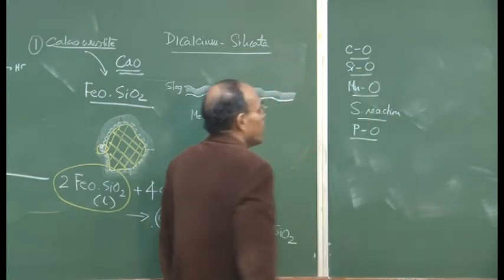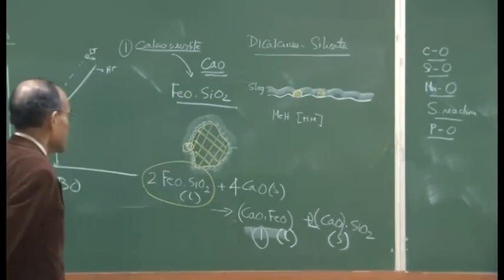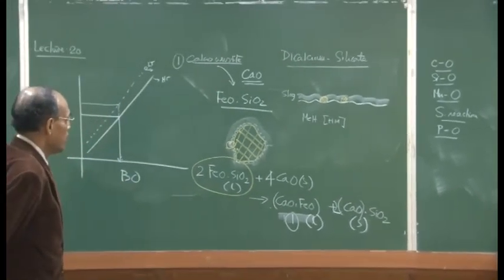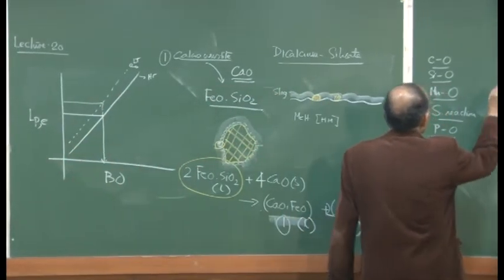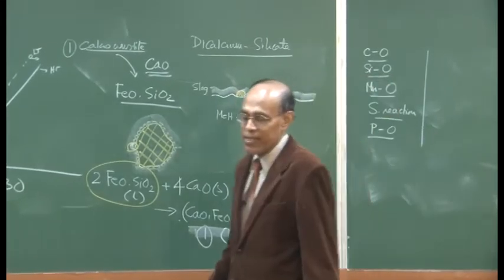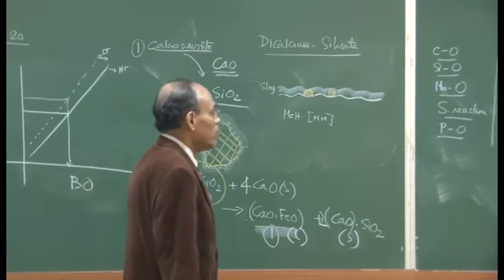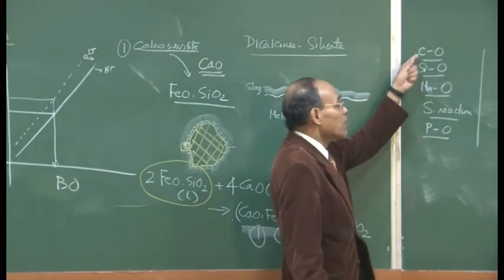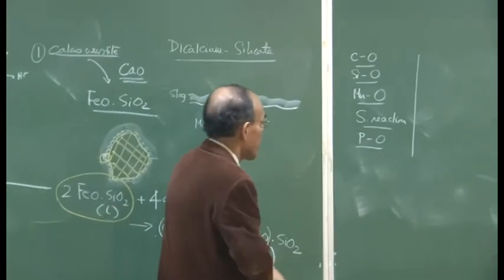So all the 5 important reactions have been covered. All these reactions, as I have indicated, at elevated temperature and under steelmaking conditions are feasible to a different degree. While phosphorus, silicon, carbon will oxidize very rapidly, sulfur will not get eliminated very rapidly, as I have indicated.